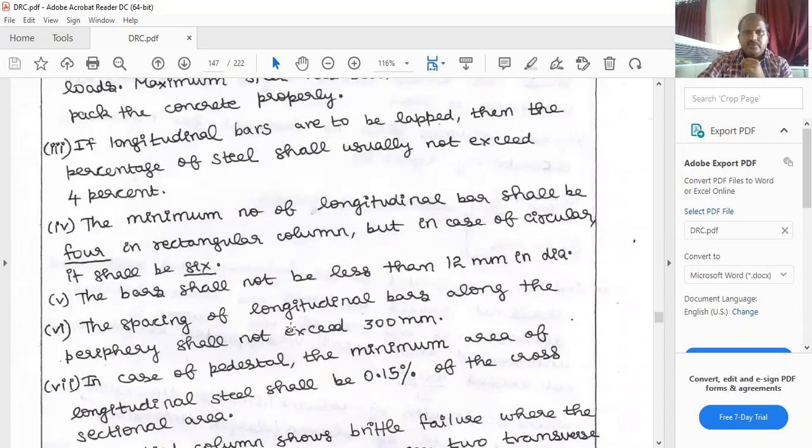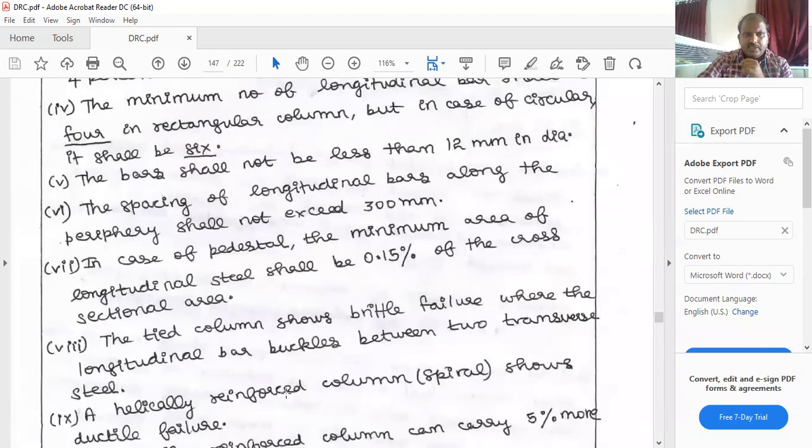The spacing of the longitudinal bars along the periphery shall not exceed 300 mm. In case of a pedestal, the minimum area of the longitudinal steel shall be 0.15 percent of the cross-sectional area.